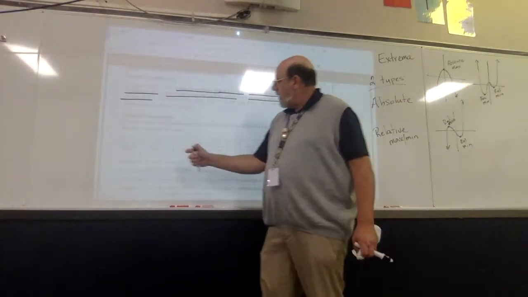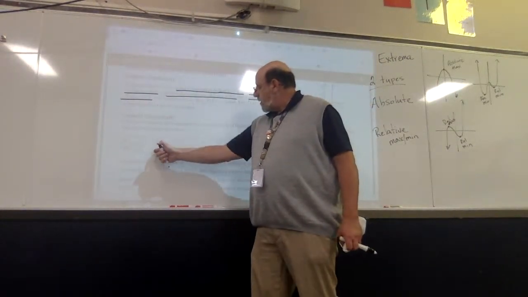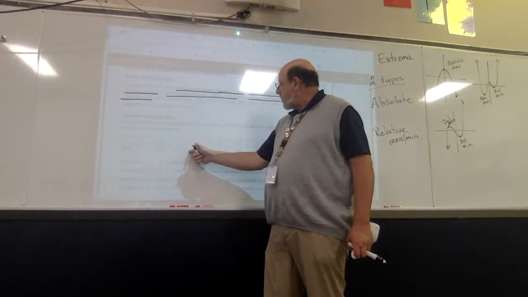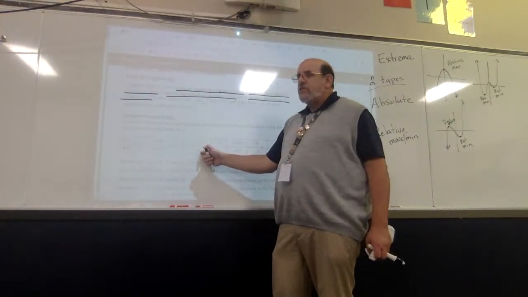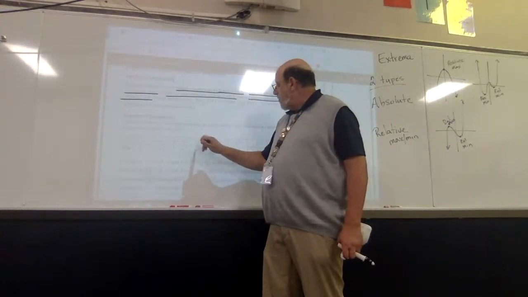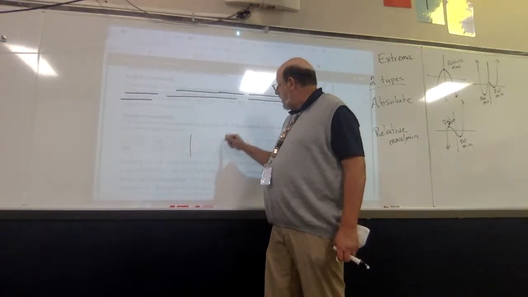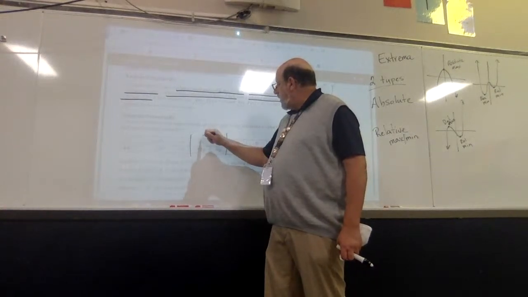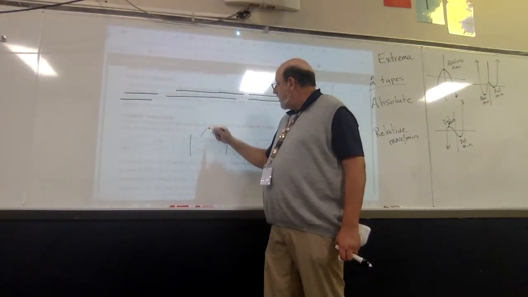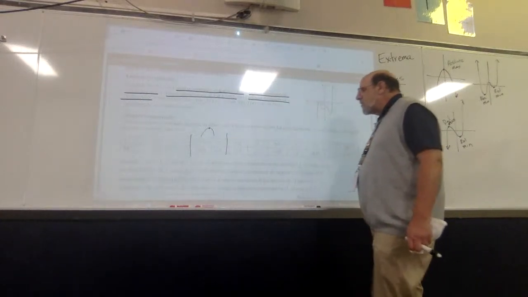This is way down there, comes up, it gets almost to 0, and then turns back down. So between here and here, it was coming up, and now it's going down. So there's a relative max.